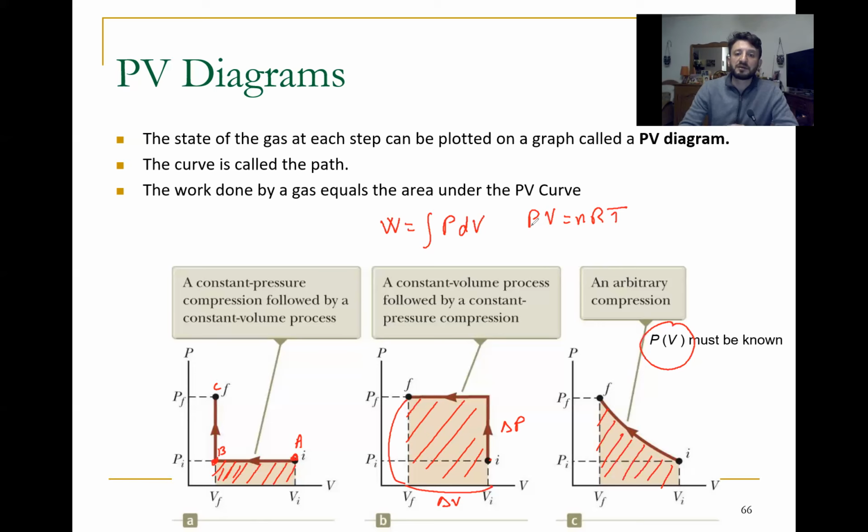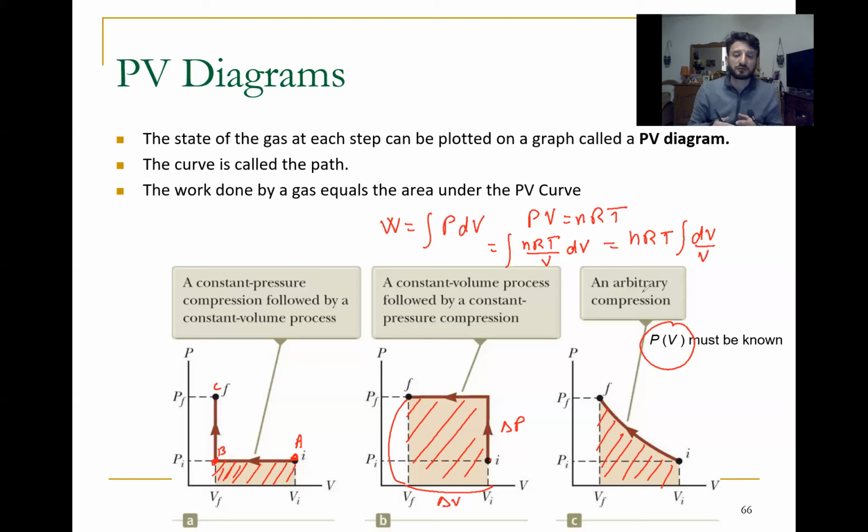You can put here P equals nRT divided by V. Okay, you can write here the integral of nRT divided by V times dV. If we have T constant, n constant, R constant, so you can write here nRT times the integral of dV divided by V equals ln V.